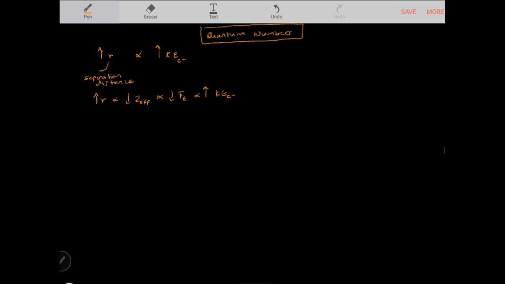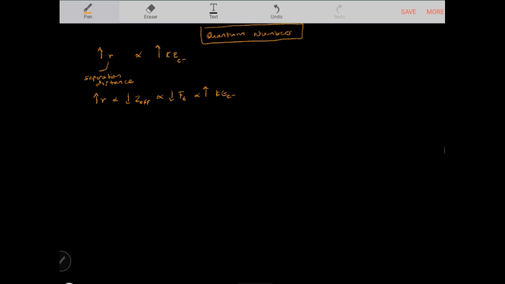Now, using this notion, it's very important to understand the energies of electrons, and in order to do that, we need to determine the position of the electron. Well, how do we determine the position of the electron? We looked at how to construct an orbital diagram, but how do I pinpoint an electron's relative position within an atom?